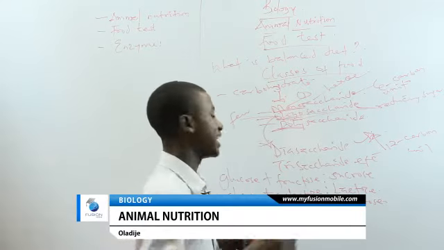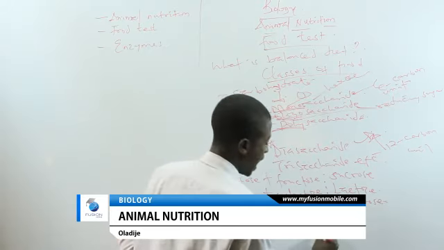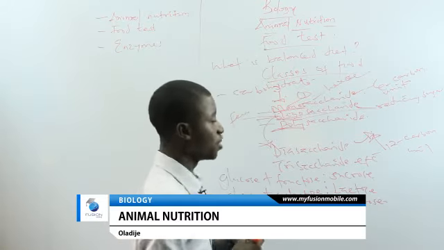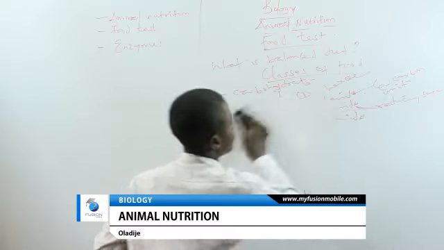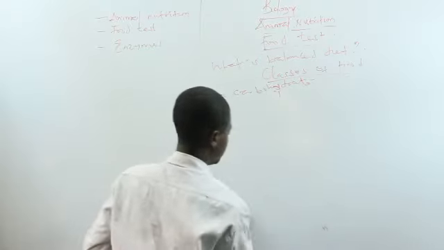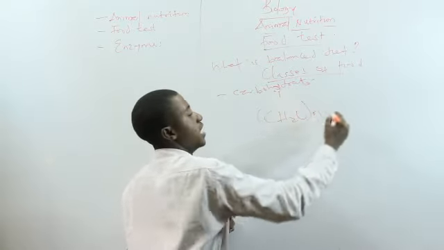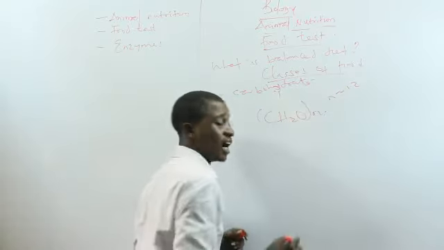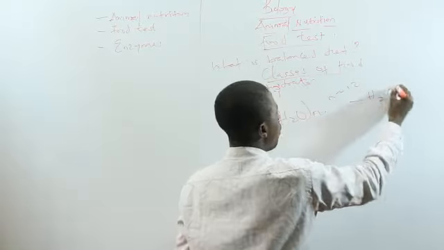And now let's quickly look at their general formula. Recall the general formula is C(H2O)n, and we know that n is equal to 12. And recall I said a water molecule has to be lost. So at the end of the day, we take away water.